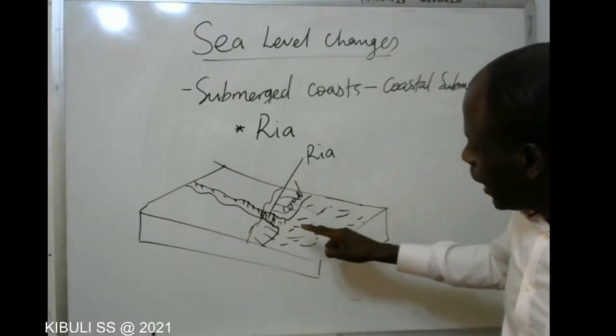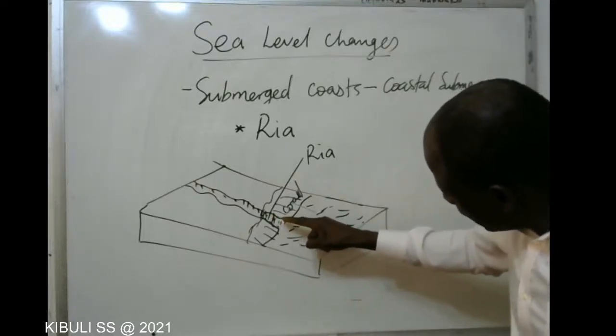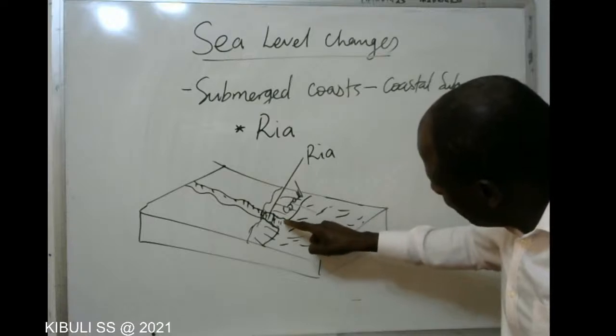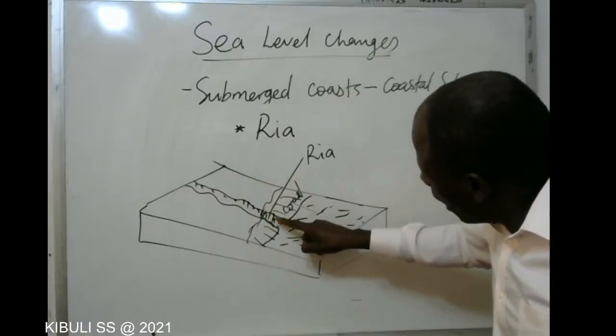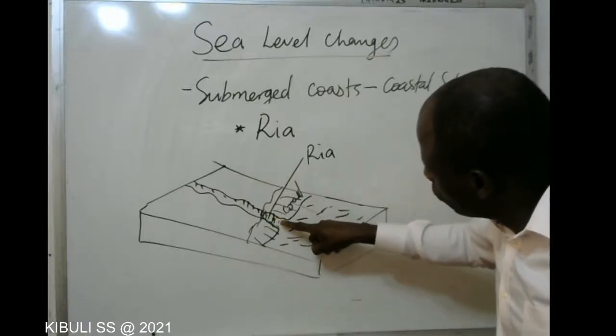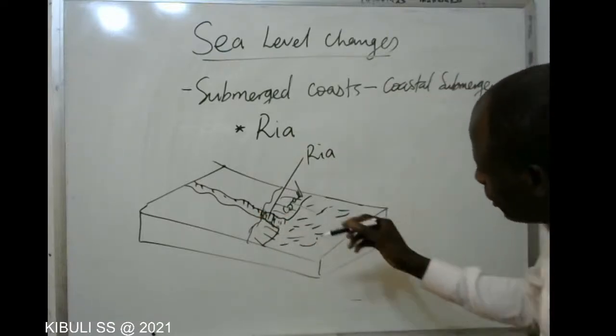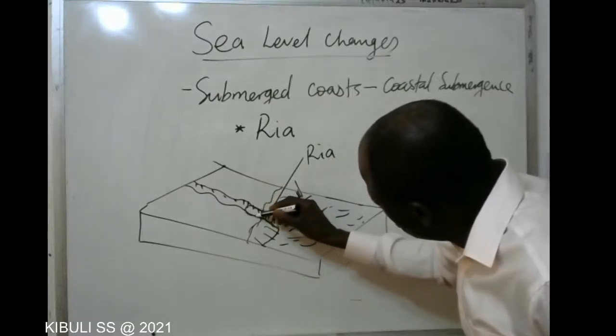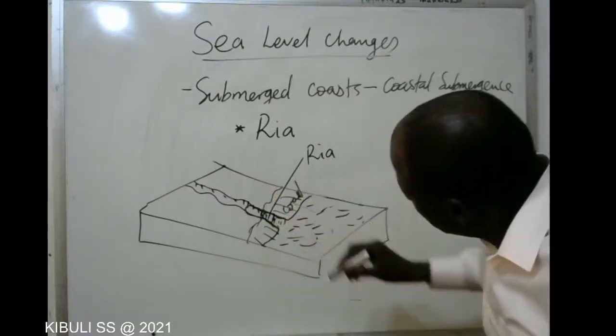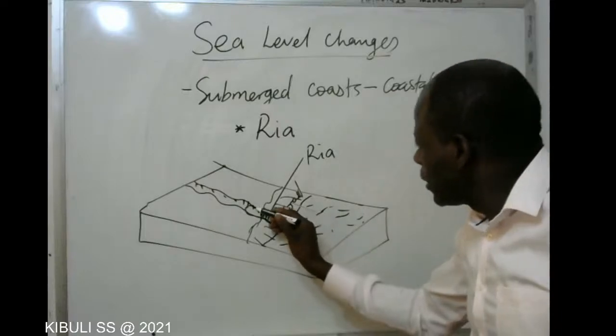Now, this section of the river was formerly a river, but when the sea level rises, we see it turning into a narrow sea inlet, an extension of the water body into the coast, which is steep-sided.